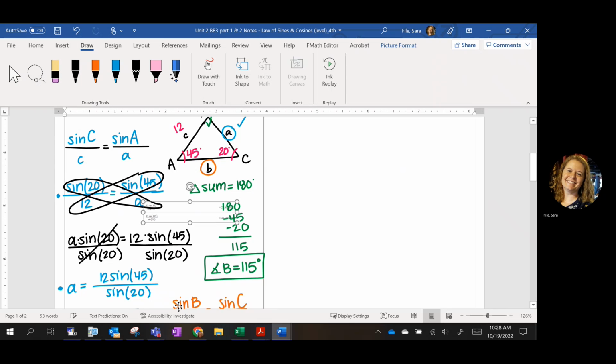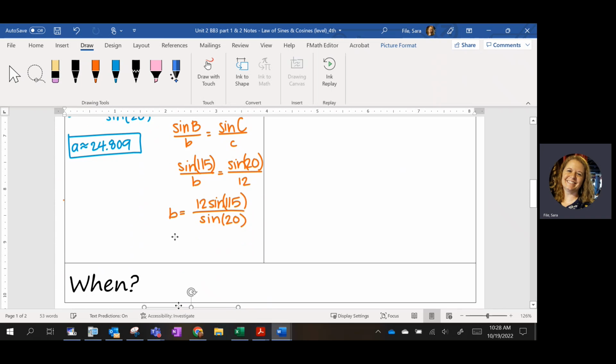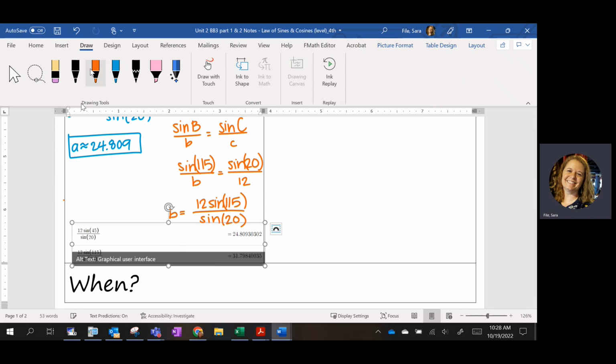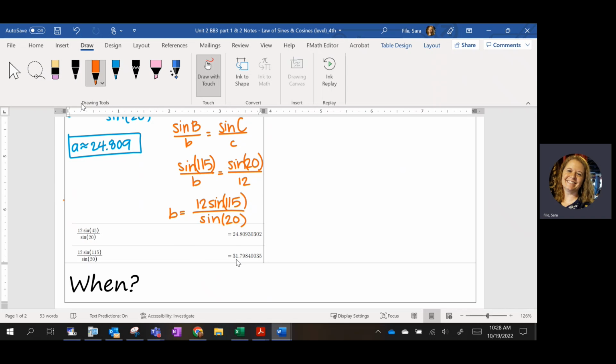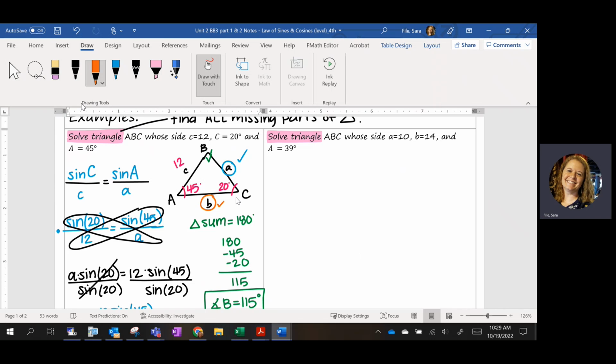I just want to have the calculator work in here, so somebody looking at this later will know how we plugged it into the calculator. Okay. All right, so that'd be 31.798. All right, so we got all 3 missing pieces, right? We're done solving the triangle.